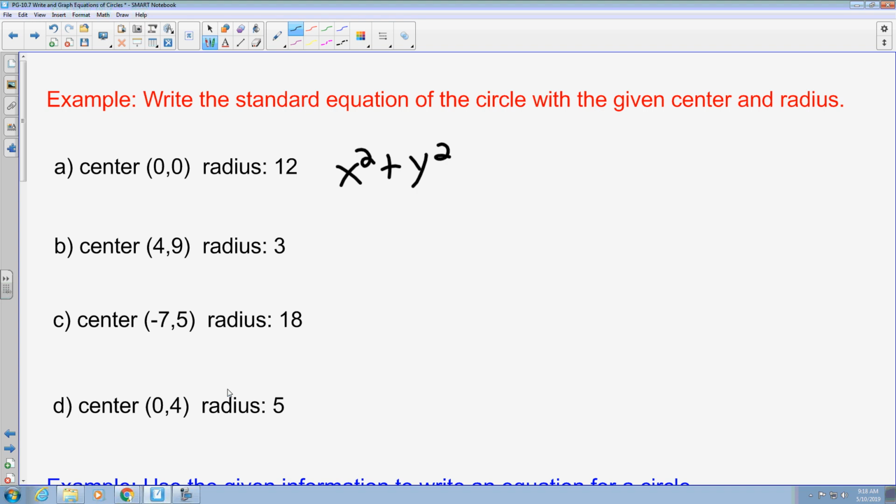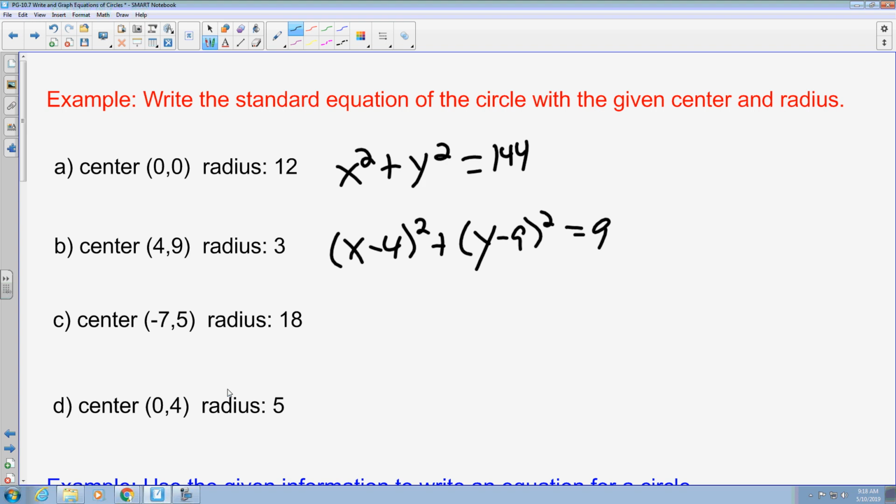So that's why we can just write it as x squared and y squared, and it's equal to 12 squared, which is 144. The second one, it's going to be x minus 4 quantity squared plus y minus 9 quantity squared is equal to 3 squared, which is 9.